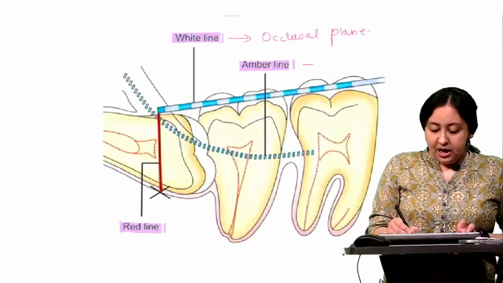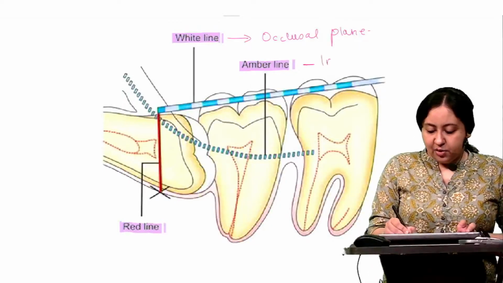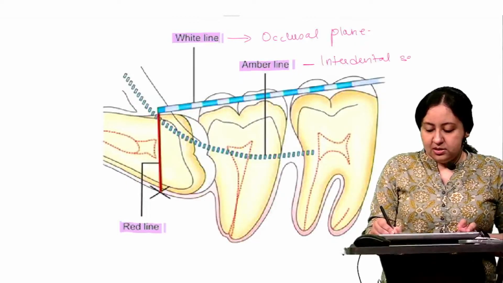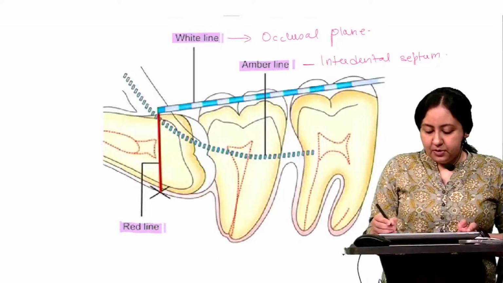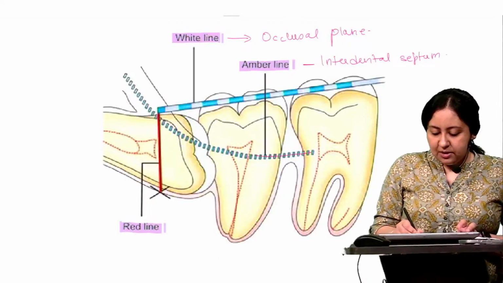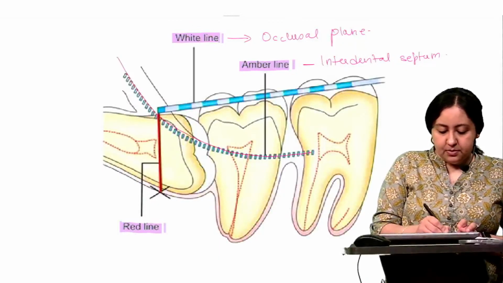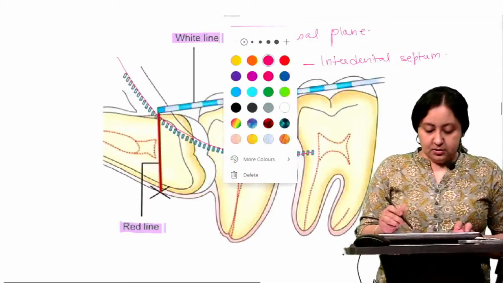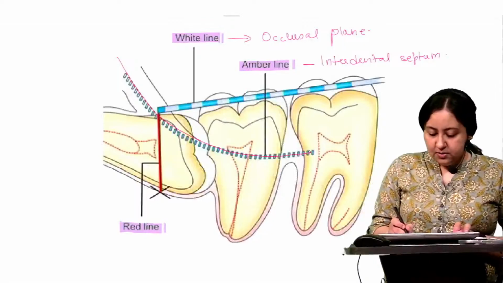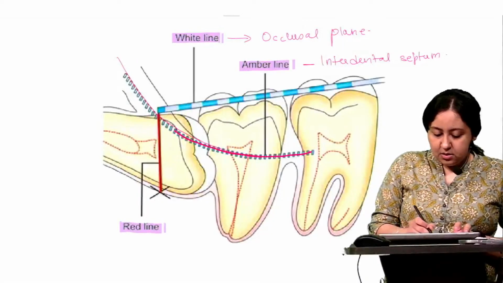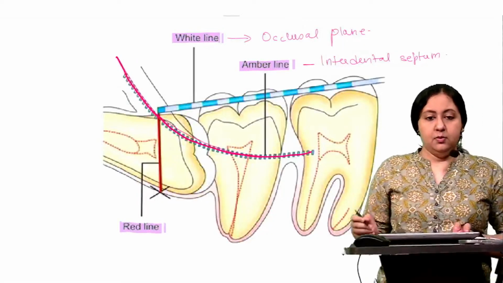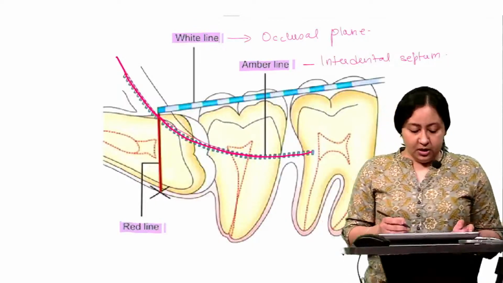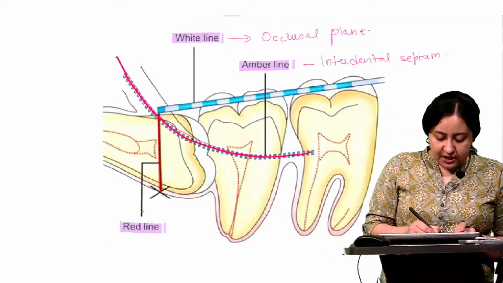Apart from that, amber line is traced from the interdental septum. So this is your amber line. This depicts the depth of impaction within the bone. And then we have the red line.